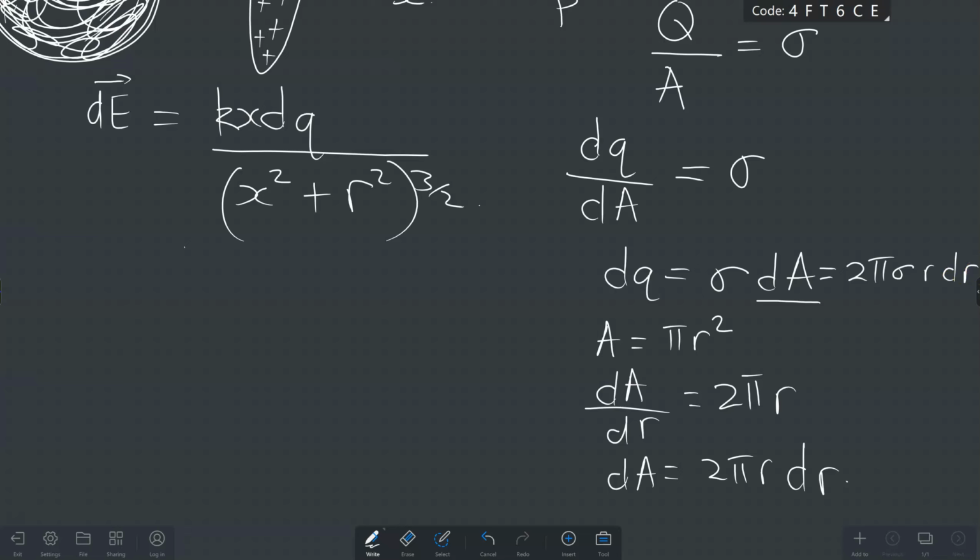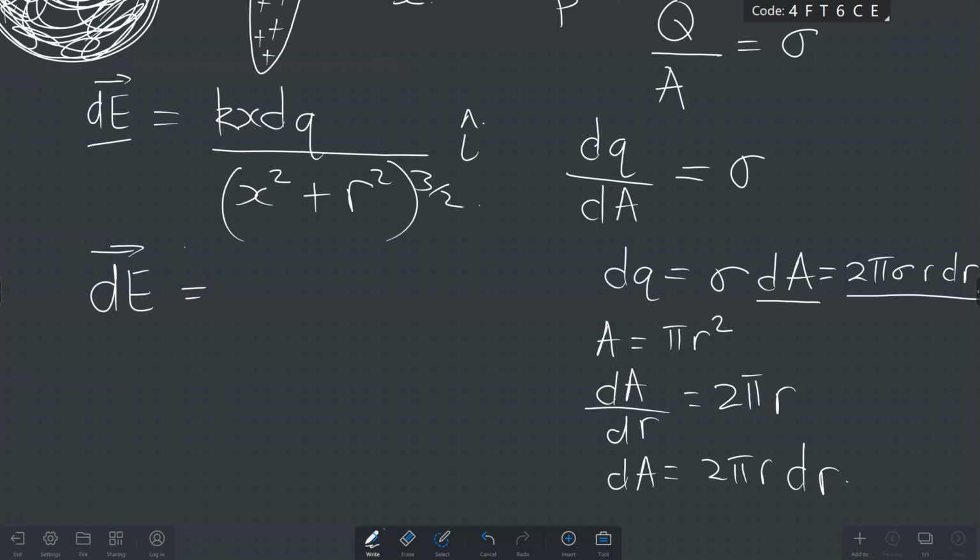So I now go back to our equation for the electric field. What are we going to do there? We're going to replace dq with that thing there. So we'll say dE is equal to what? Remember, this is also in the i-hat direction, right? That is why I put it as a vector.